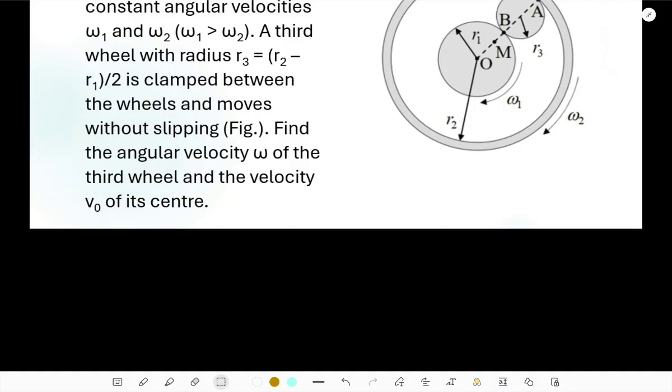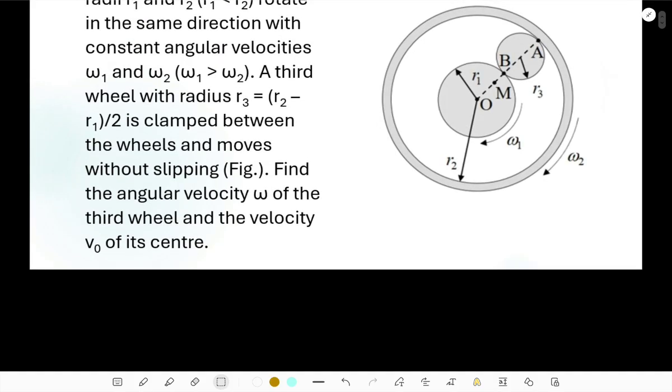So the velocity of point A. I designated the points of contact of the third wheel with the first and the second wheels. Points A and B are nothing but points of contact of the third wheel with the first and second. A is with the second and B with the first.